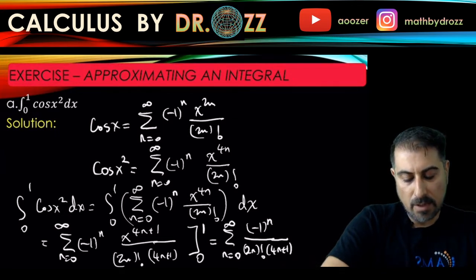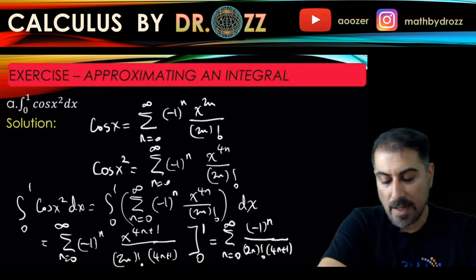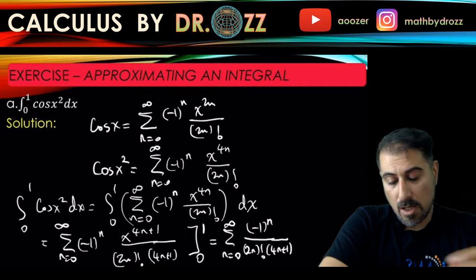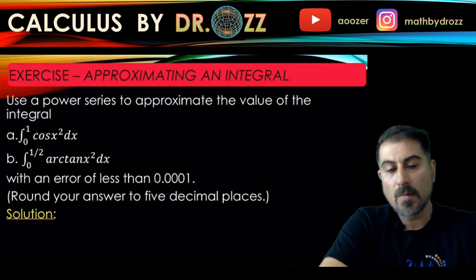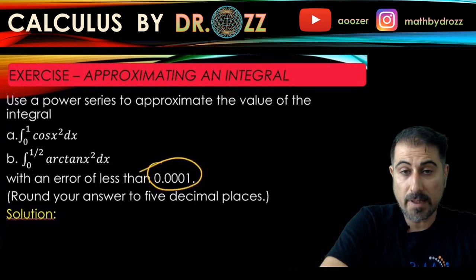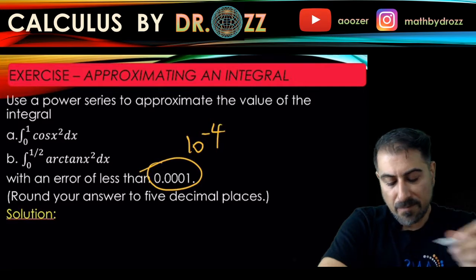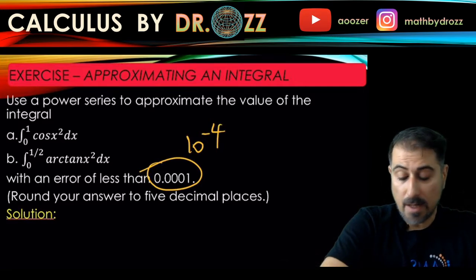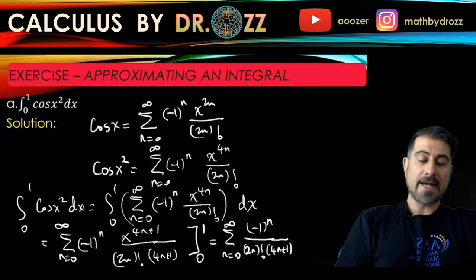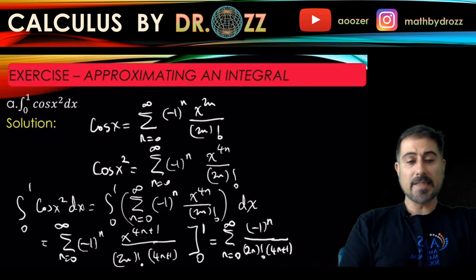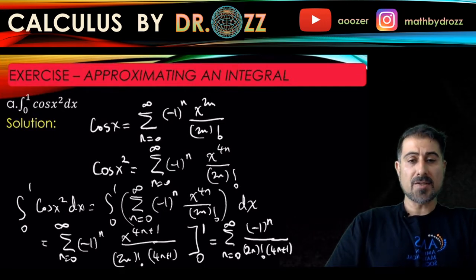So then we are left with an infinite series, and remember that we want to have an error less than 10 to the minus 4. We're going to be careful on that because we now have an infinite series which is an alternating series, and I want to approximate its value with an error less than 10 to the minus 4.